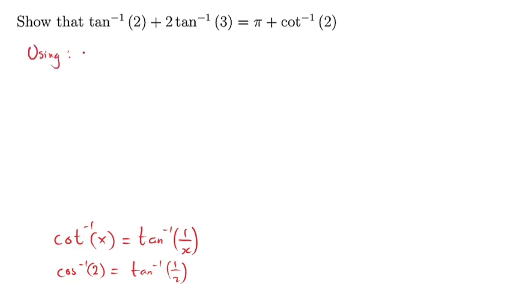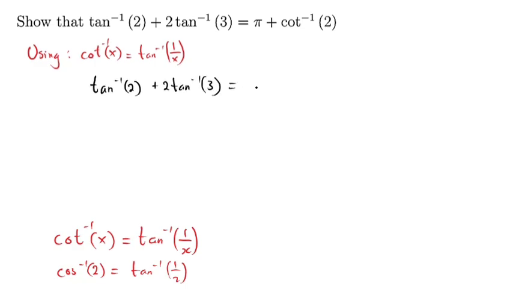So we can say, using this fact, I'll write it as it is, which is cot inverse of x being equal to the tan inverse of 1 over x, according to this. But what we have is a 2, so our expression now becomes the tan inverse of 2 plus 2 tan inverse of 3.